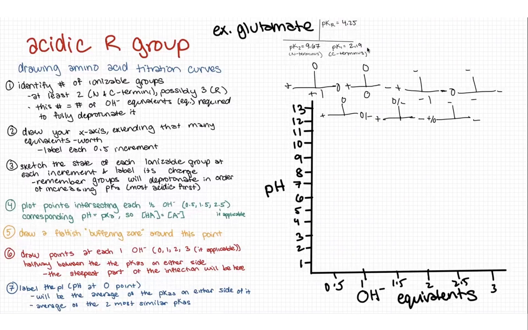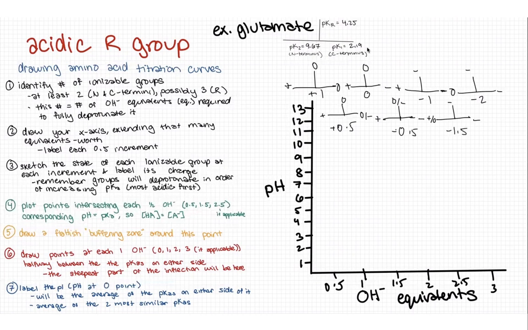And 3 equivalents, we're going to have a charge of -2. And halfway between those, we're going to have the half charges, because remember, this corresponds to half of it being protonated and half of it being deprotonated at the corresponding site. So this would be plus 0.5, this would be minus 0.5, and this would be minus 1.5.